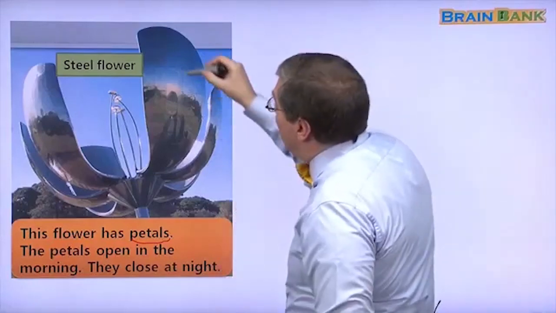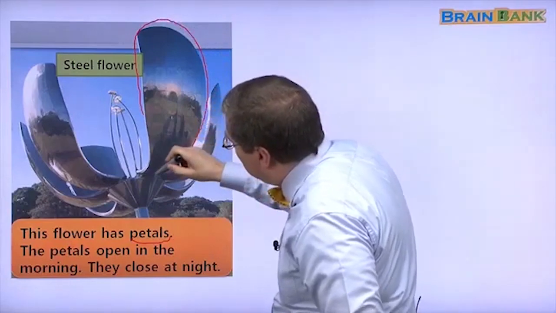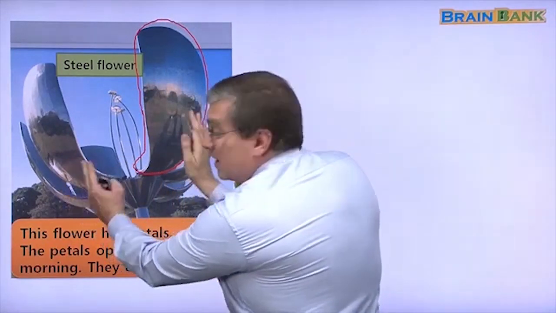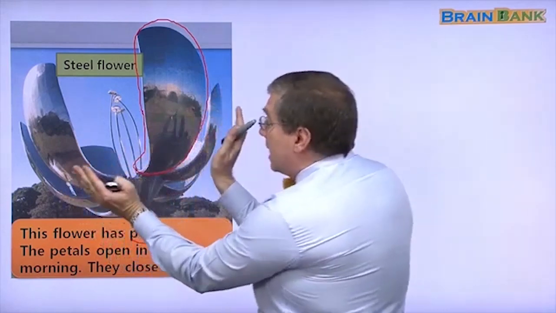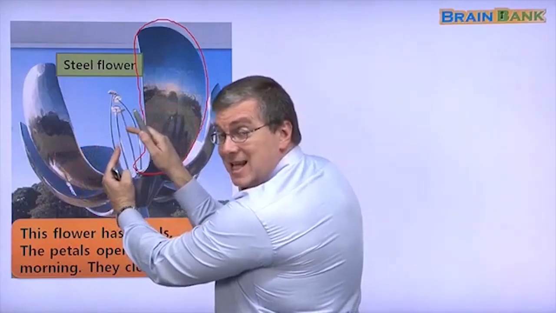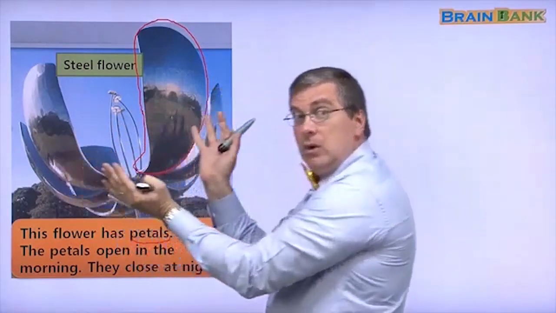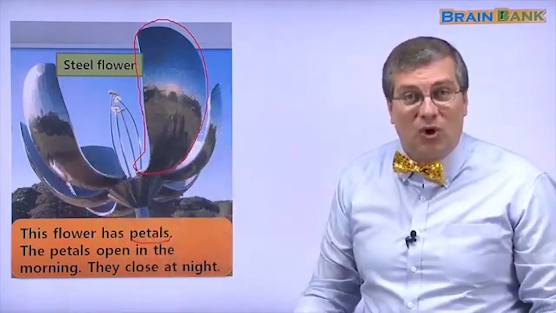That means the petals, these are the petals of the flower. See this big piece here? This piece moves. All of these pieces are the petals. They move. They close at night and open in the morning. That's crazy. That's really, really cool.